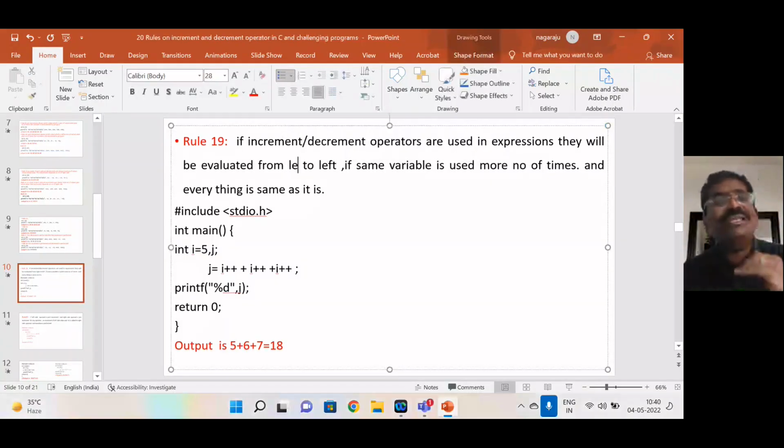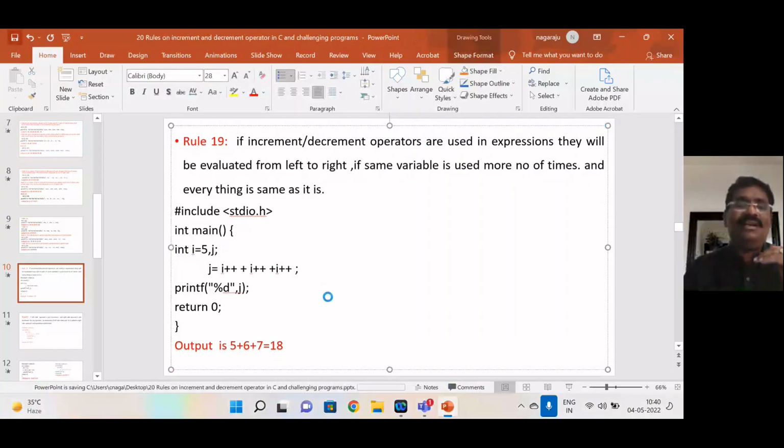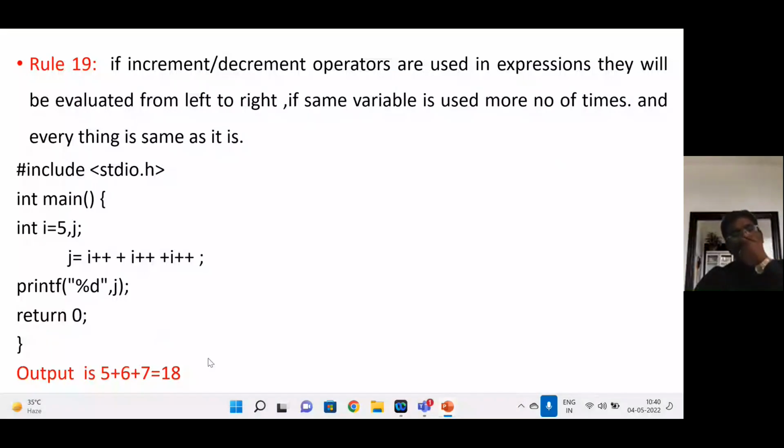Because when you are using these in the same expression, suppose for example you take i plus plus, i plus plus, i plus plus like this. Then first i is equal to 5 with post increment, so the first i is 5, next the second i is 6, and the third is 7. So you get the output 18, that is 5 plus 6 plus 7. Why?